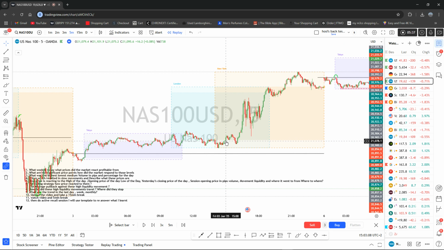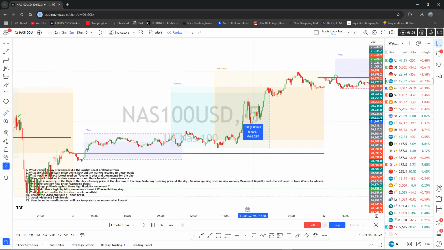We see that reaction, and then let's see how the price reacted to the high of the day. Okay, so London chose the high of the day. That was the price, right? Between 1 to 550, and price reacted profitably from that area, right? So it spiked down there, and then after the spike, like a proper realistic entry, price traveled bullishly 153 pips in about 1 hour 30 minutes.